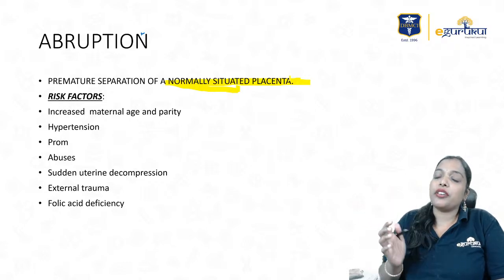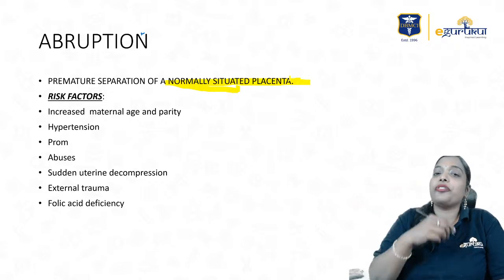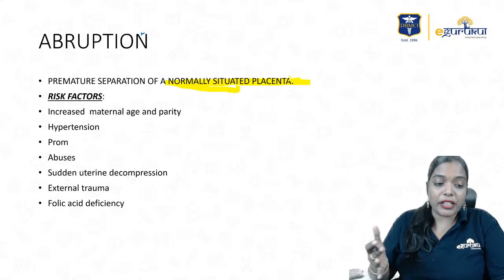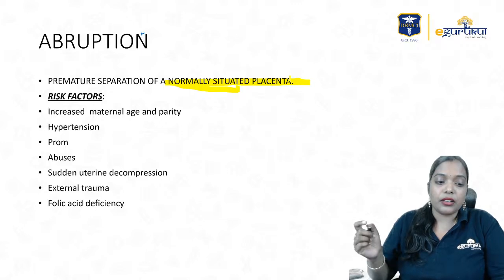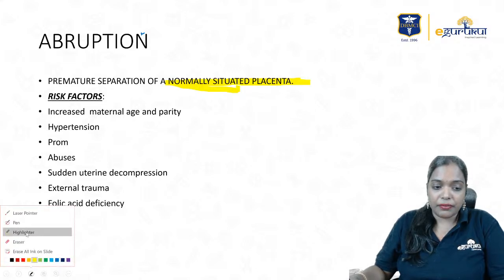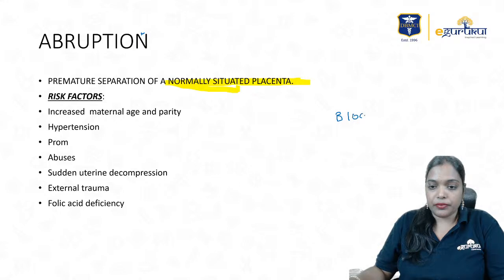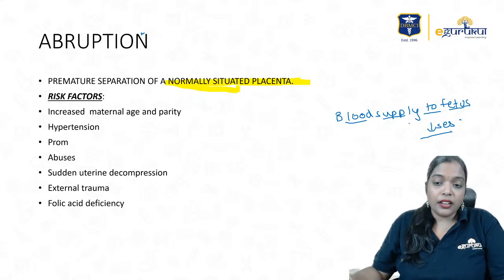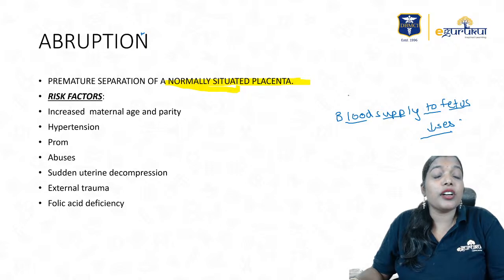Now as the uterus is continuously contracting, how will the blood supply to the fetus be? It will be compromised or decreased. Because the blood supply to the fetus decreases due to continuous contractions, the baby will have fetal distress.